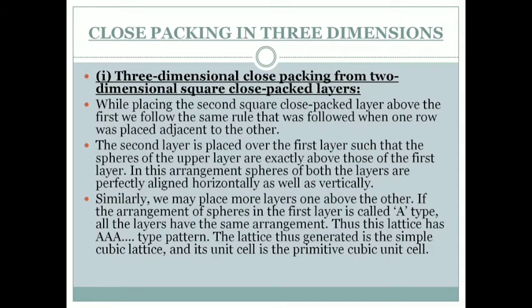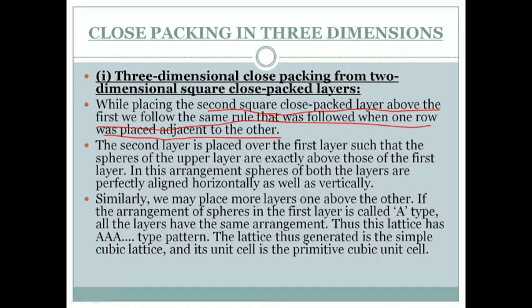Then in 3-dimensional close packing from 2-dimensional square close packed layers, while placing the second square close packed layer above the first, we follow the same rule that was followed when one row was placed adjacent to the other, right? And the second layer is placed over the first layer such that the spheres of the upper layer are exactly above those of the first layer.